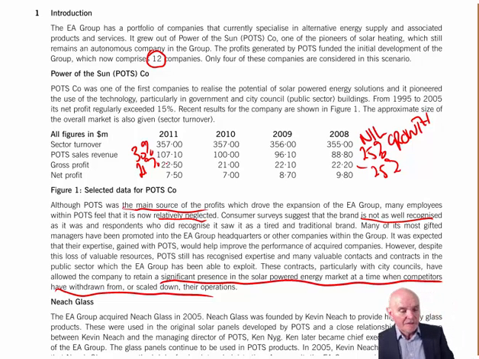And we see the net profit, well, it's fallen from a high point there. There are maybe some suggestions that it might be being rescued again in 2011.